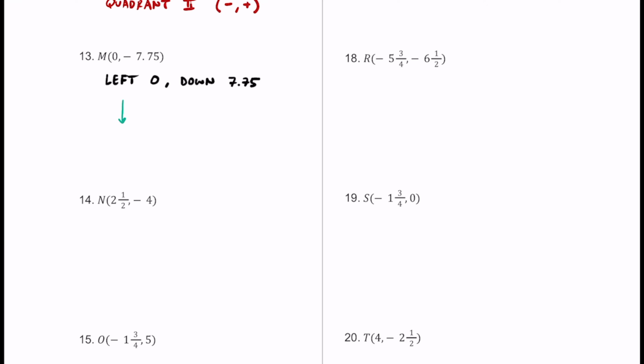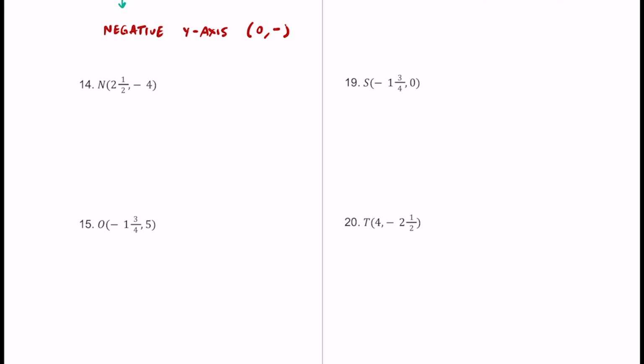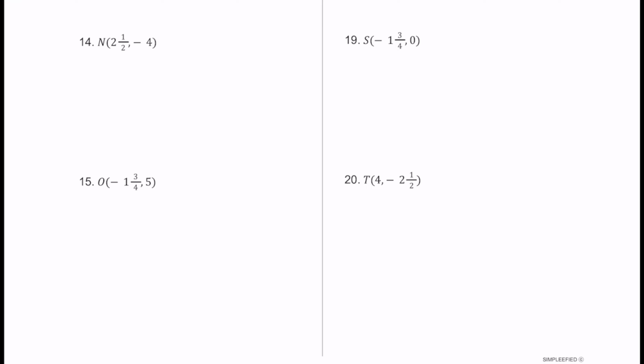This wouldn't be located in a quadrant because it has a 0 as one of its coordinates. So this would be located on the negative y-axis, because we moved down. Remember, anytime we're on the negative y-axis, the x-coordinate has to be 0, and the second coordinate, or the y-coordinate, has to be negative.